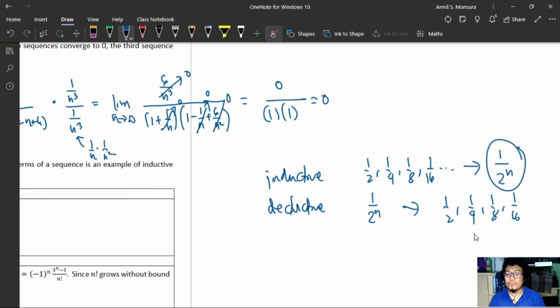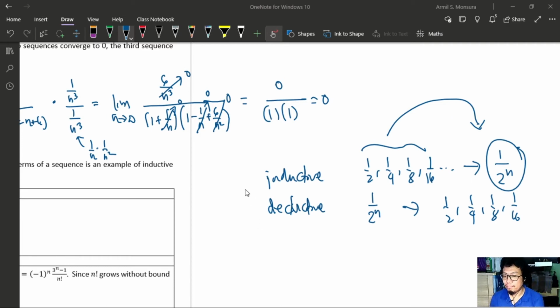So as I explained earlier, if you're starting from the examples and then writing the general rule for those, you're using inductive reasoning.